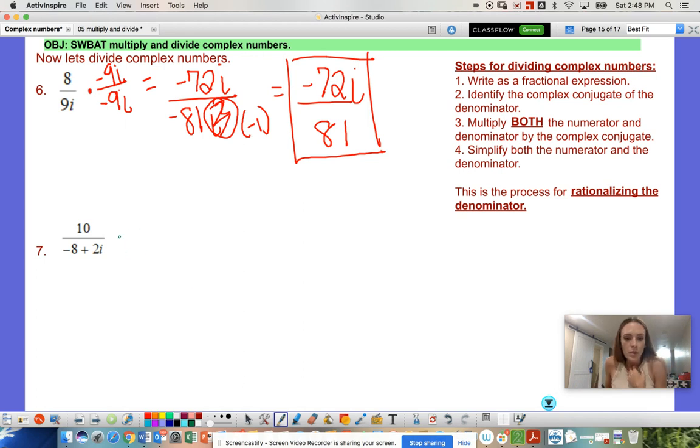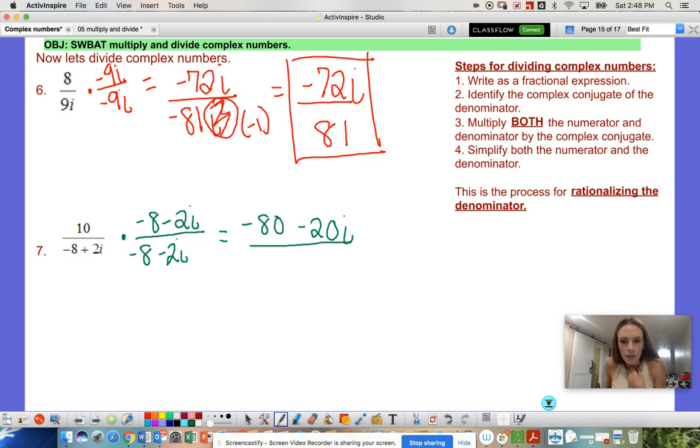The bottom, the complex conjugate, to get that i out of the denominator, the complex conjugate is negative i minus 2i and negative i minus 2i. So here we have negative 80 minus 20i. And then on the bottom, we have 64, right?